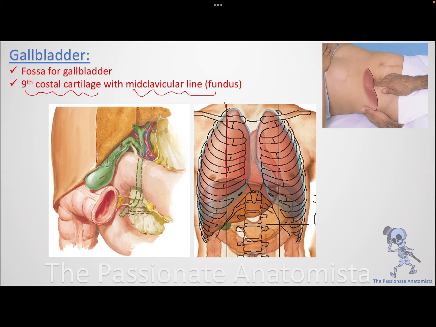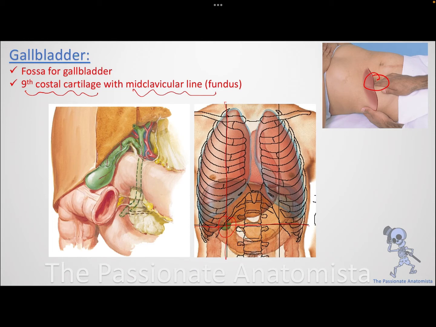If I have a mid-clavicular line and a line of the ninth costal cartilage, I'm going to find the place where I'm expected to see the gallbladder, so I can make my differential diagnosis if the patient is complaining of gallbladder pain, because the gallbladder is going to have referred pain to different places, and we're going to talk about them in a bit. This is an important thing to do during clinic, so remember that this is the surface anatomy of the gallbladder.